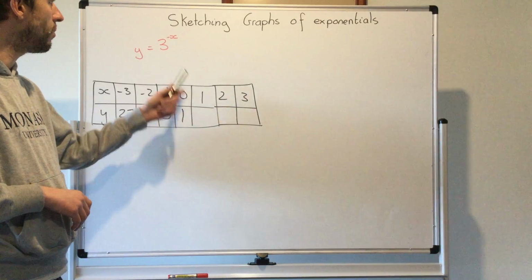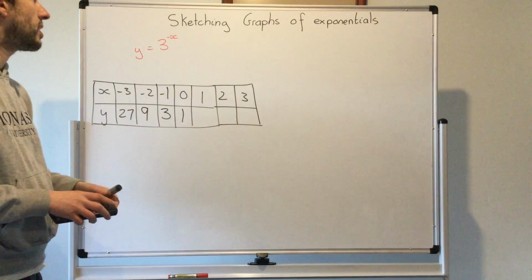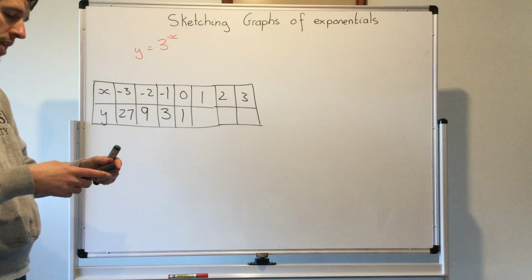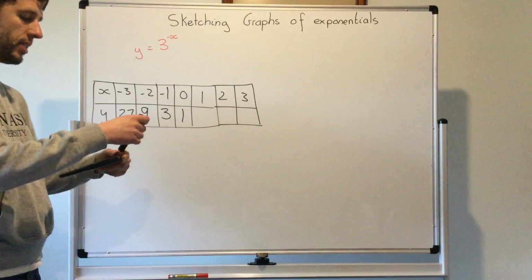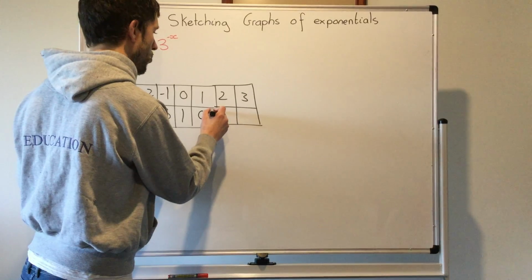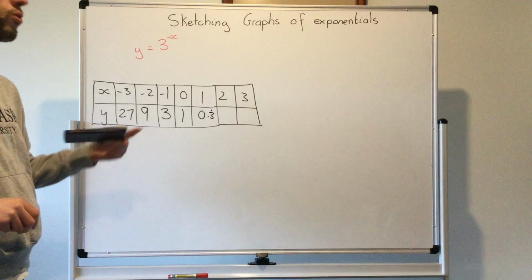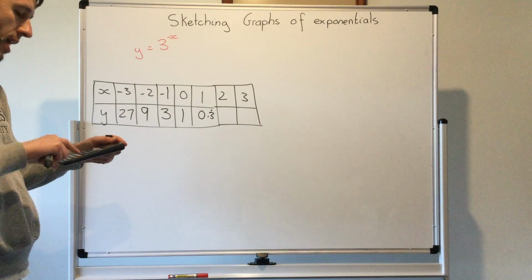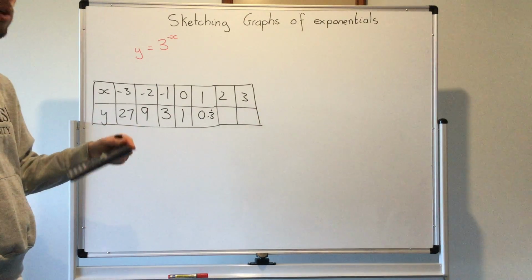Then we go over here and we've got 1. 3 to the power of 1, but it's -1 because of that negative there. So 3 to the power of -1 is 0.3 reoccurring. Let's put 2 in. 3 to the power of -2 is 0.1 reoccurring.